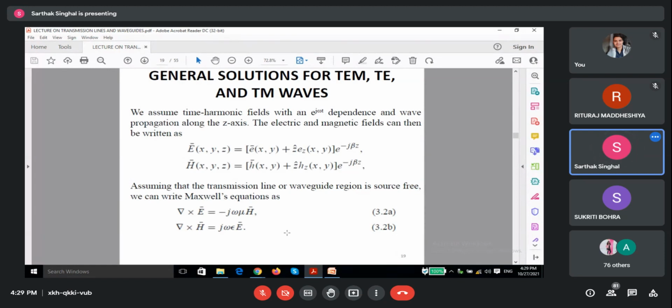The conduction current density term is missing, that is JC. Because there is no charge, there will be no conduction current, but there will be some displacement current due to the media. Okay?